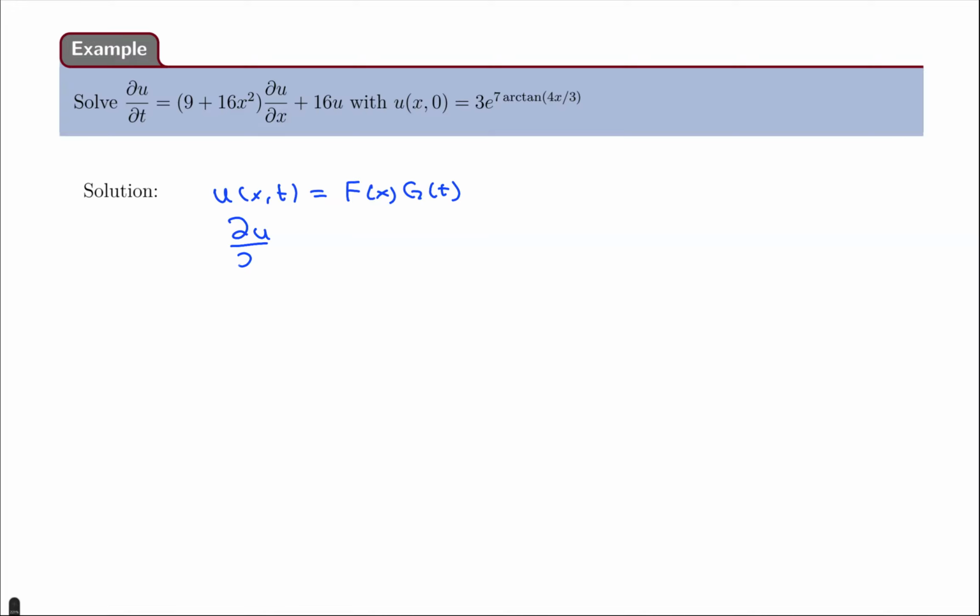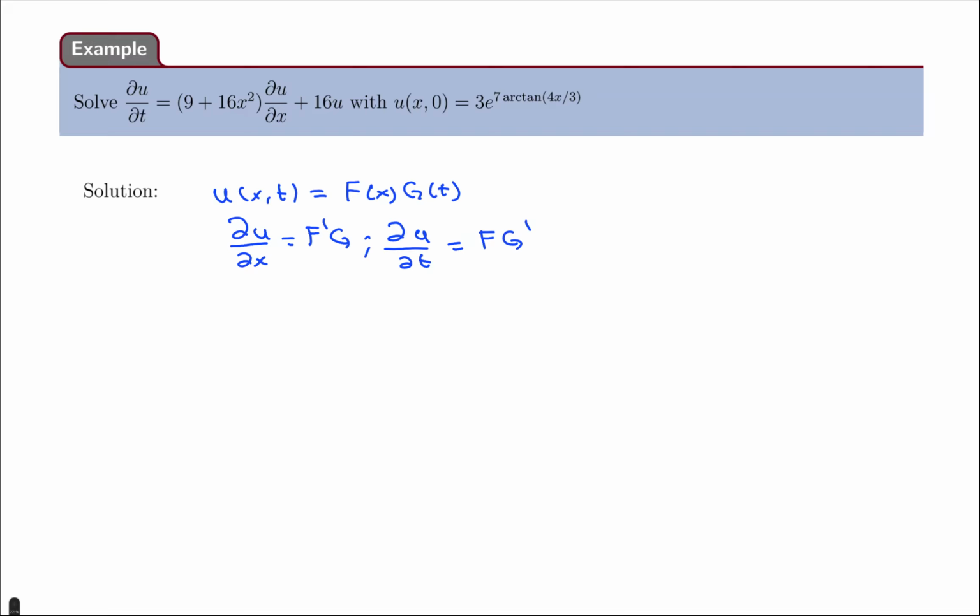That is partial of u with respect to x, which is the derivative of f, which is f prime, but g is constant here, so it remains g. And then the partial of u with respect to t, that is f remains constant, so g gets differentiated.